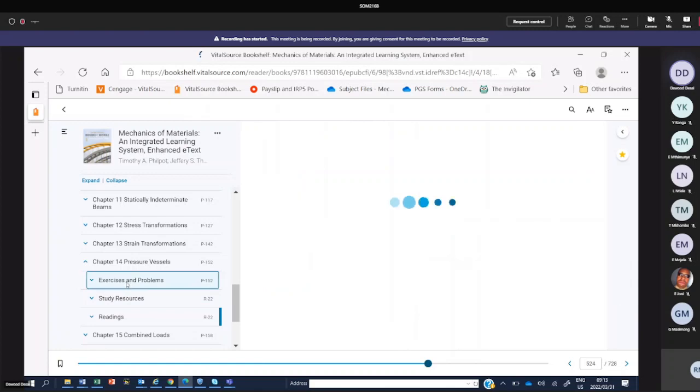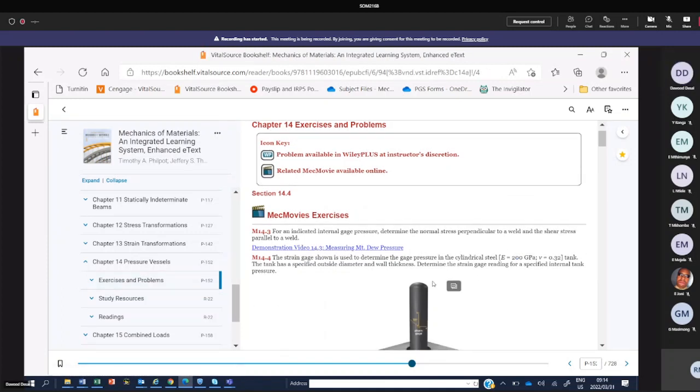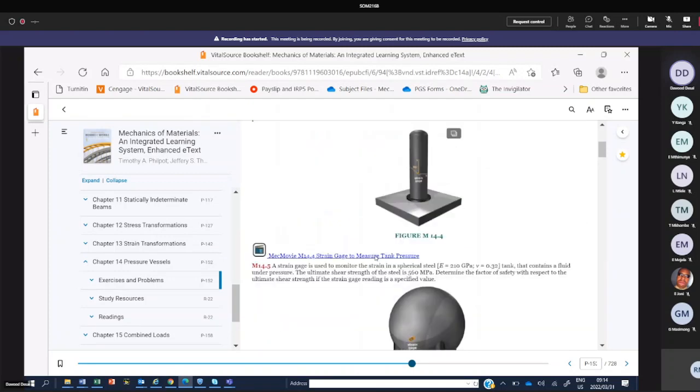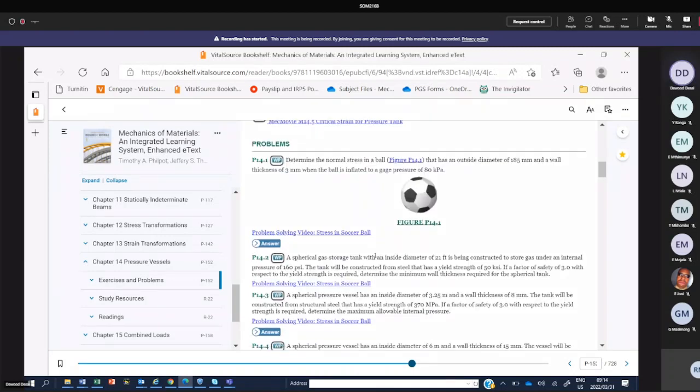Right, exercise and problems. It's opening up. Just be a little bit patient. All right, page 152, chapter 14. Do not worry about spheres. So this P14.1 is a soccer ball. So don't worry about all that type of thing. Do what I ask you to do.